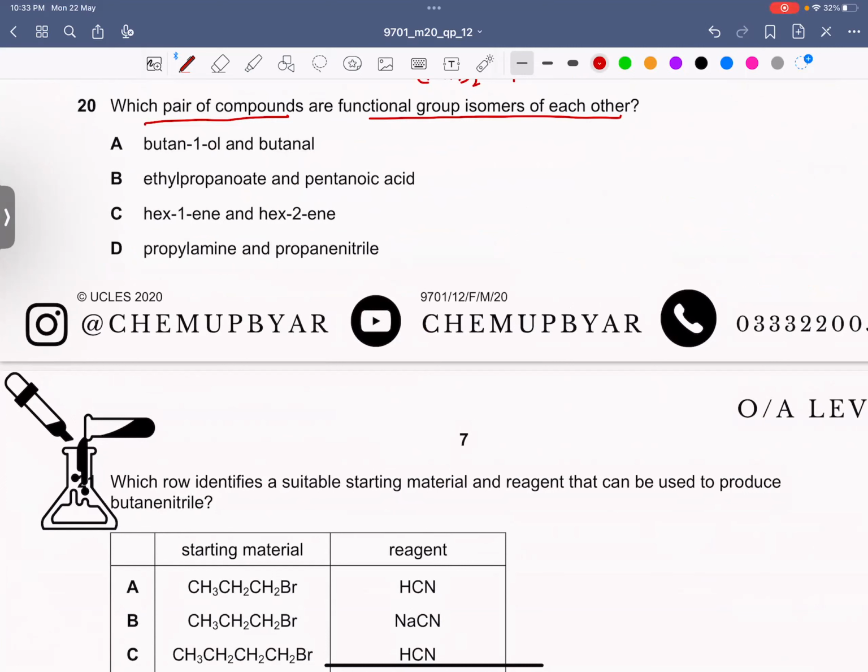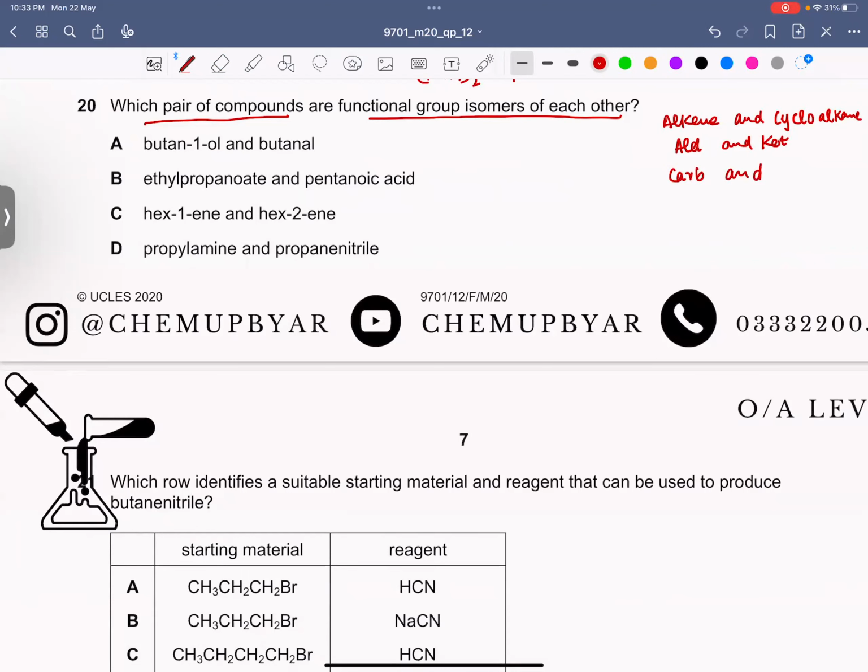So it's easy. If you remember, an alkene and a cycloalkane, I have made a list in the lectures, are functional group isomers of each other. Aldehyde and ketone are functional group isomers of each other if they have the same number of carbon atoms.